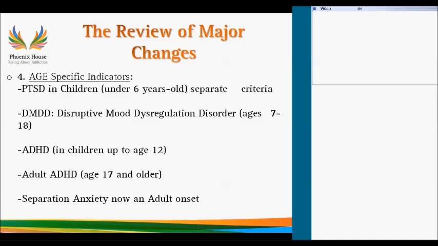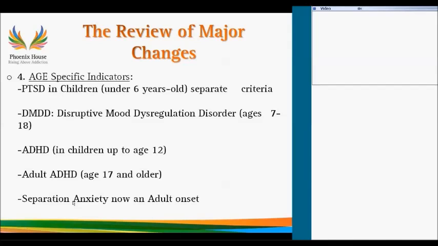Then we have attention deficit hyperactivity. Children now can be diagnosed up to the age of 12. There's a separate adult criteria for over the age of 17. And then another big age difference is that separation anxiety now has an adult onset. I would pay very close attention to this when you're looking at borderline personality disorder.